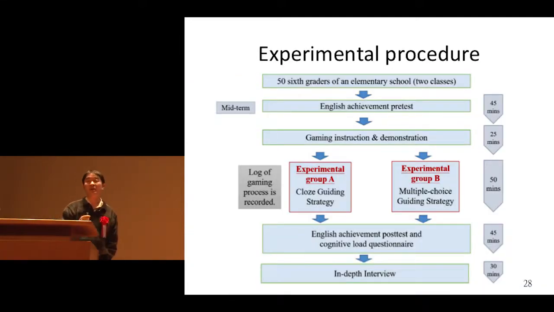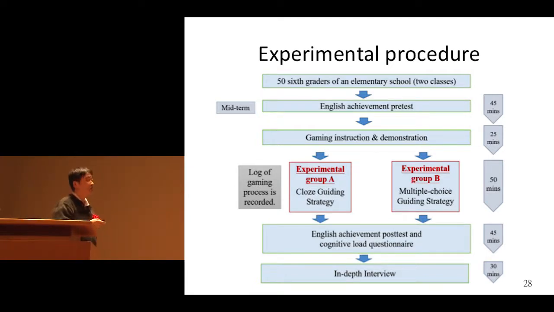So we have two classes of students participating in this experiment. One class learned with the Krohn's guiding strategy based game, and the other group learned with the multiple choice guiding strategy based game. We have a pre-test, post-test, and of course pre-questionnaire and post-questionnaire, and we also analyzed their gaming behavior.